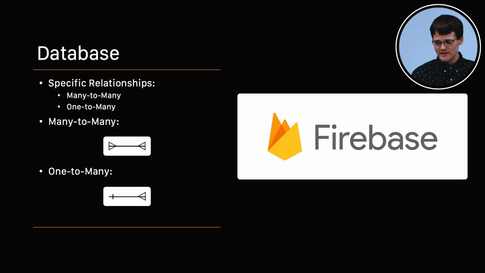To explain those better, many-to-many is a relationship between two entities where each entity can be related to many other entities. And the one-to-many is the same thing, except each entity in the second group can only be related to one entity in the first group.